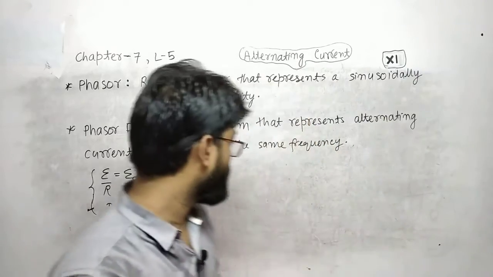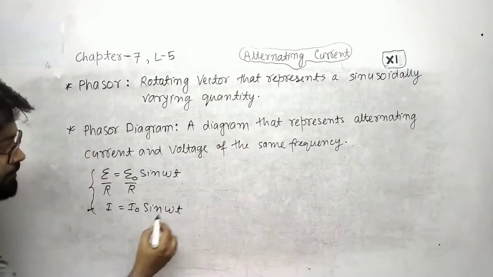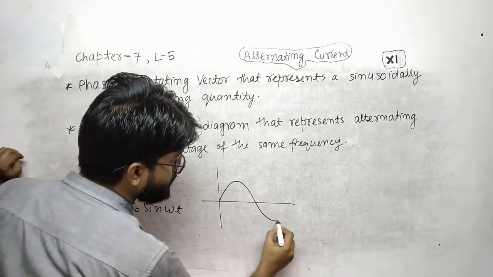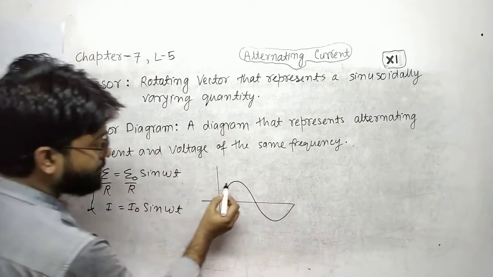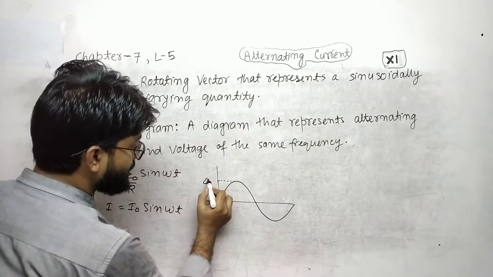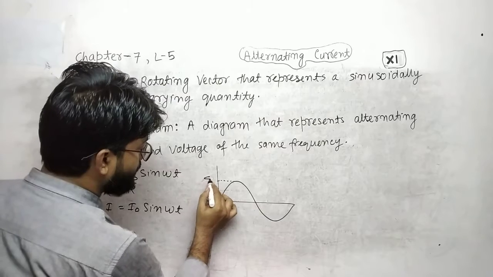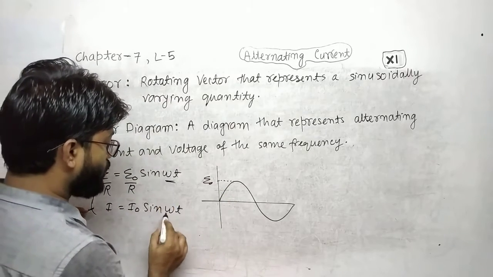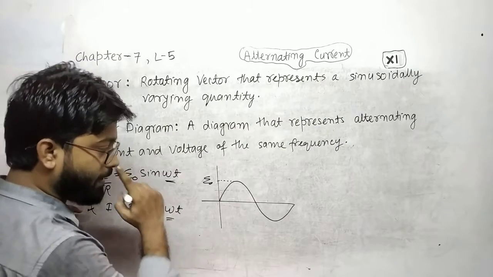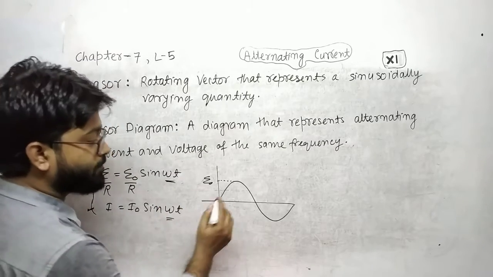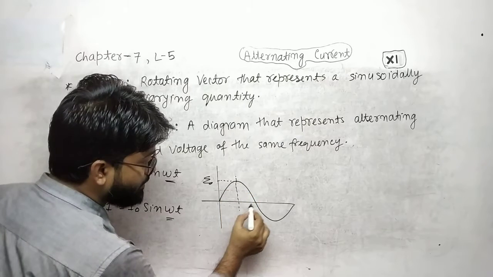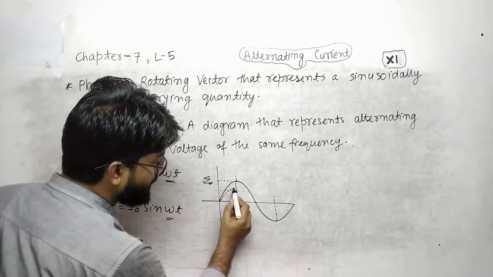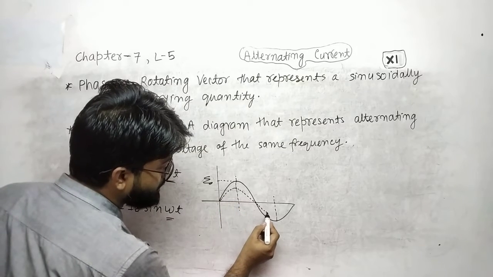If we draw a sinusoidal graph for E, this is the maximum potential E naught. Both start from 0 and reach the maximum value at the same position, and 0 is also at the same position, but the magnitude of I is less, so the graph will be like that.